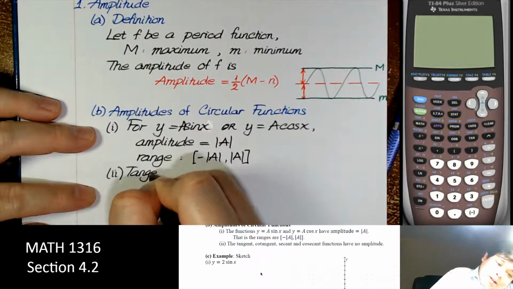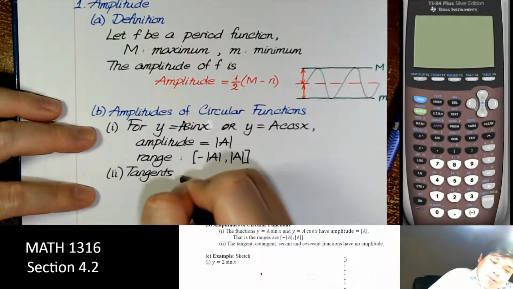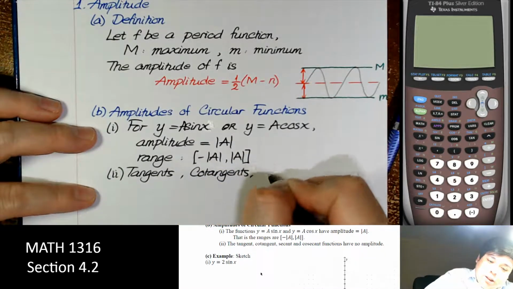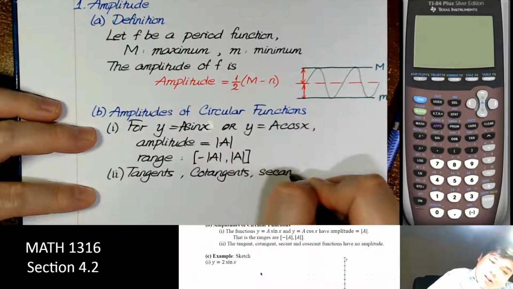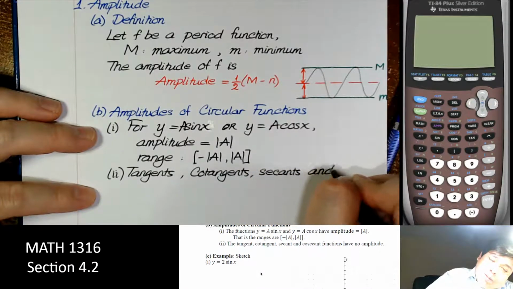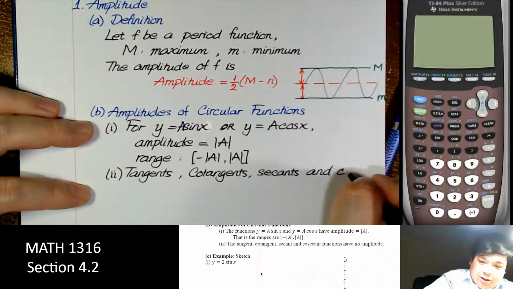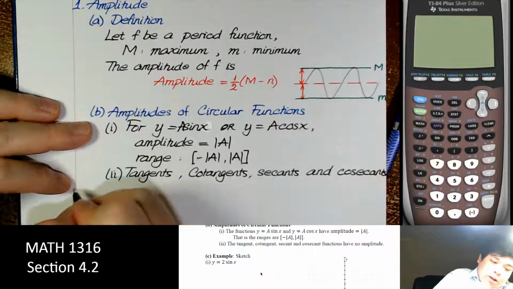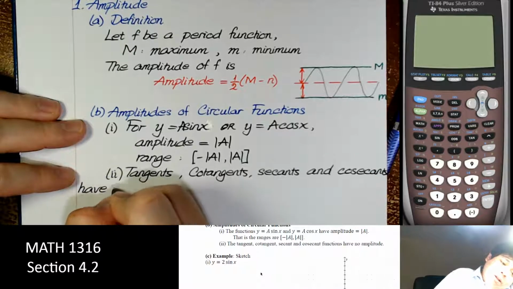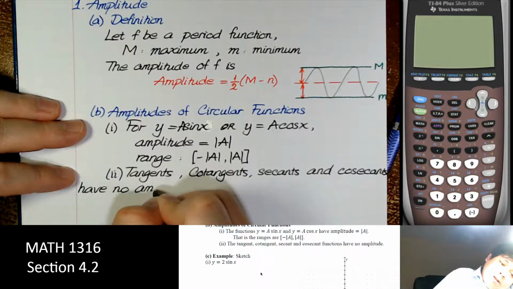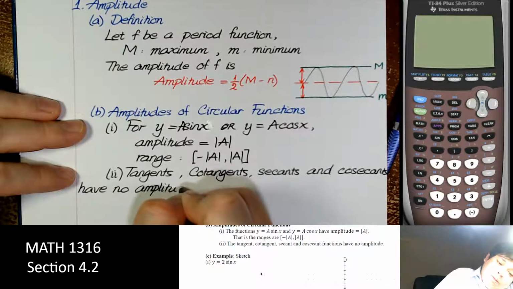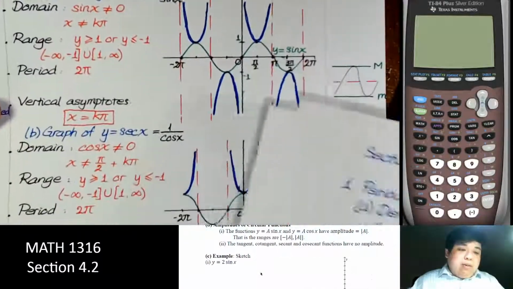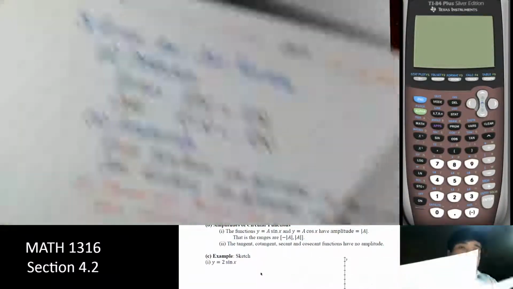Tangent, cotangent, secant, and cosecant have no amplitude, simply because in the graph of secant and cosecant, there's no maximum and no minimum.